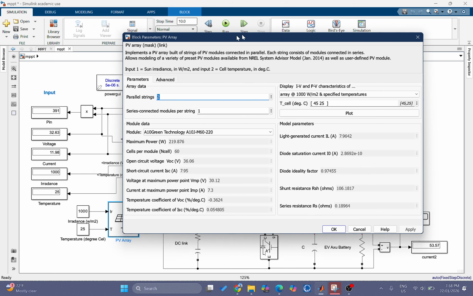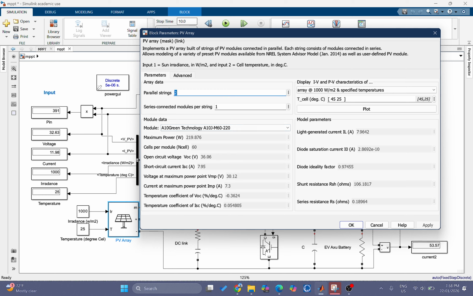In this simulation, the irradiance is set to 1000 and the temperature is 25 degrees Celsius, representing a standard test condition. The instantaneous PV voltage and current are measured in real time, and power is measured here.